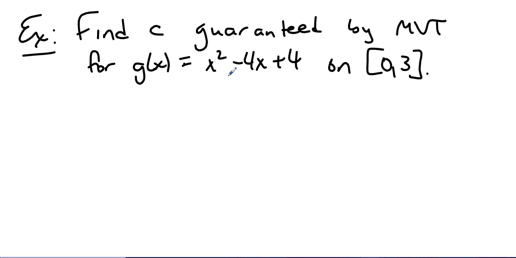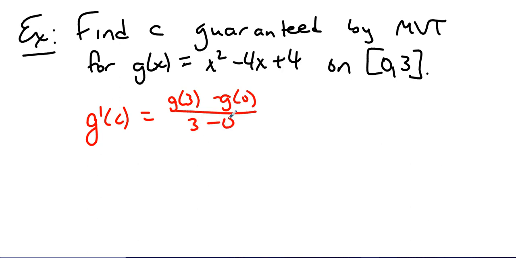Well, it is continuous. It is differentiable on that interval. So there has to be a place where g prime of c is g of 3 minus g of 0 over 3 minus 0. Well, let's consider those separately.